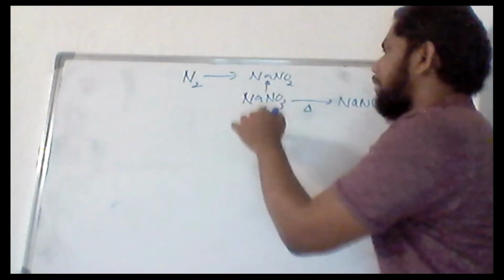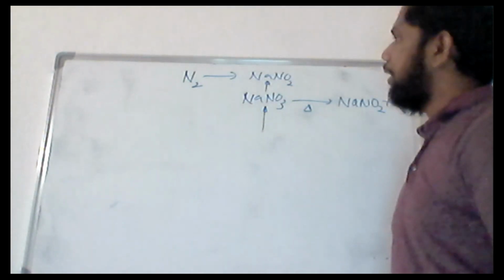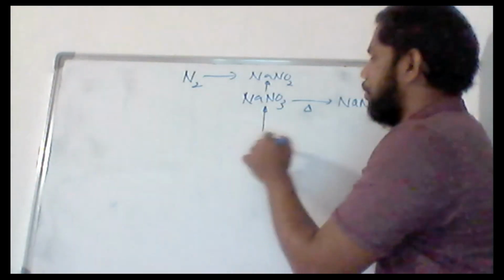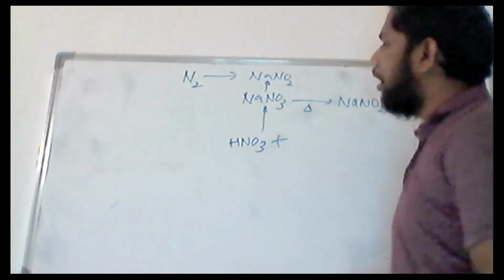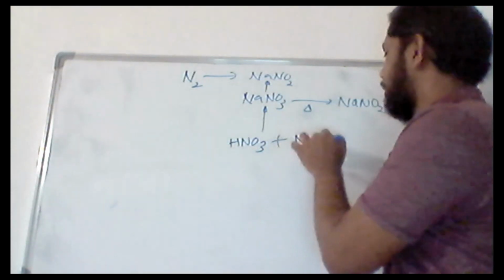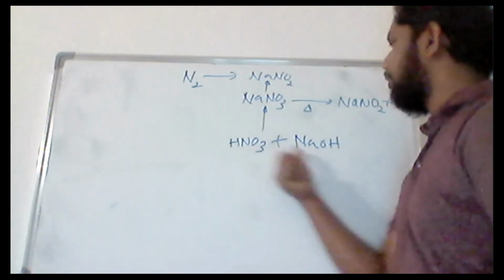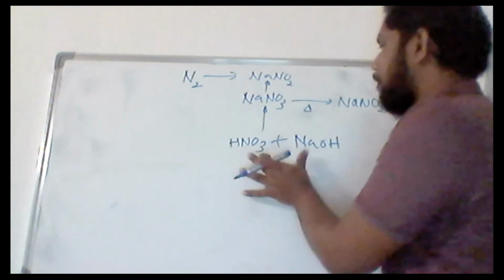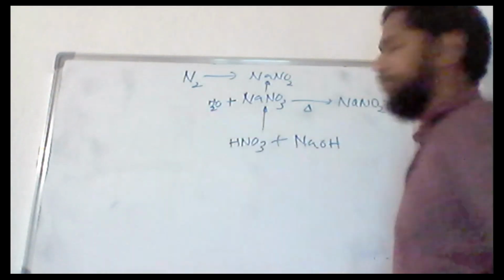And then, how to get NaNO3? The easiest way to get NaNO3 is to react HNO3 with, let's say, sodium hydroxide. If you have sodium hydroxide with HNO3, it will form NaNO3 and water primarily.